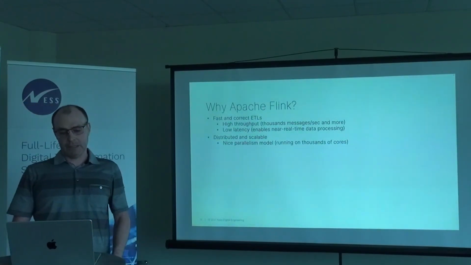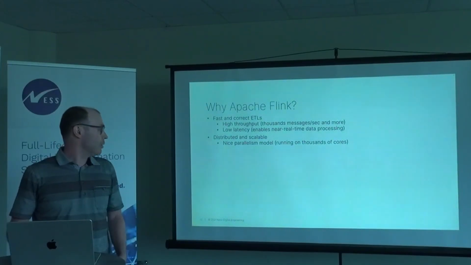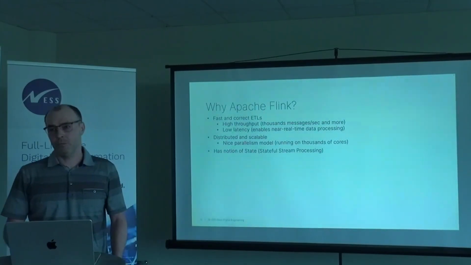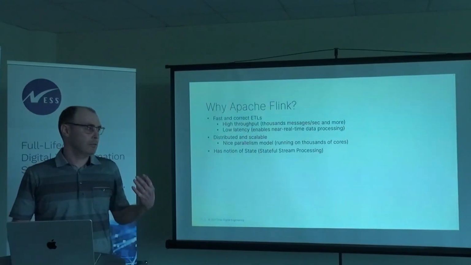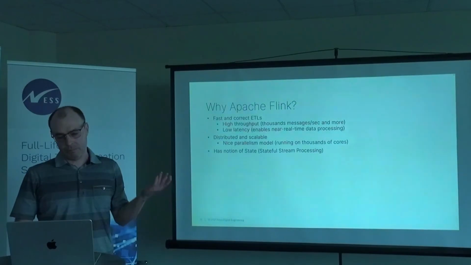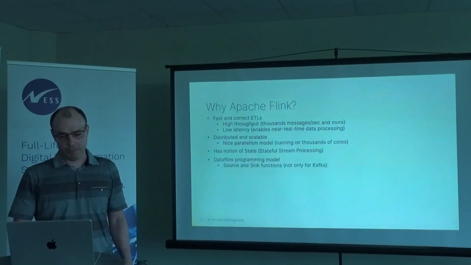Flink has a nice parallelization model, so you could run your computations on thousands of cores. It has a notion of state, so your data processing could be stateless and stateful. This is what we actually need.